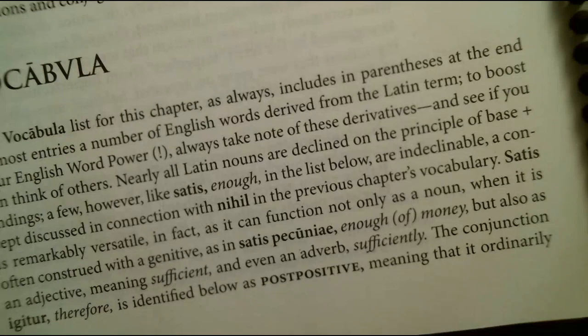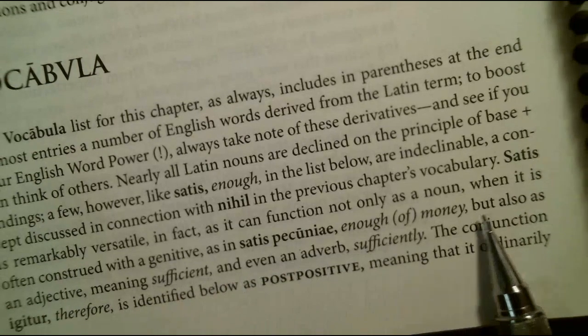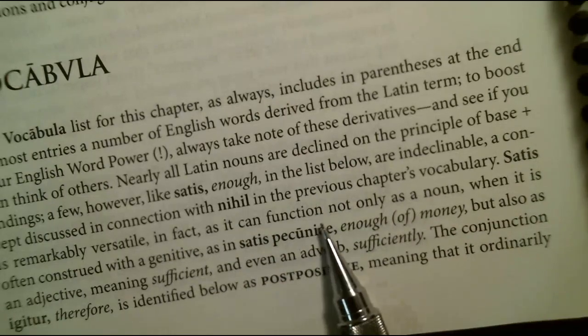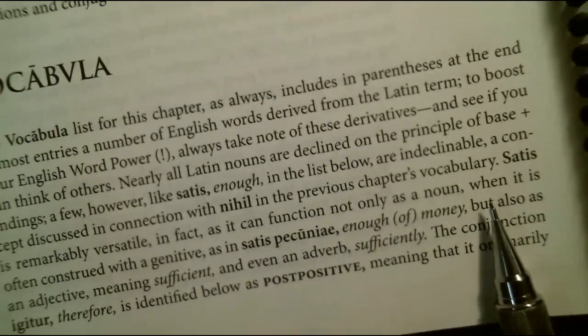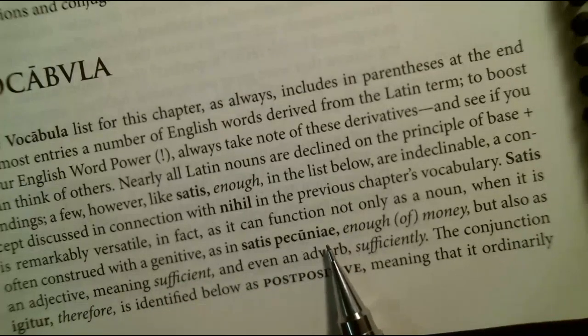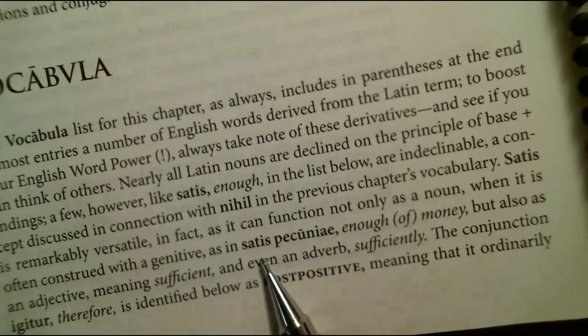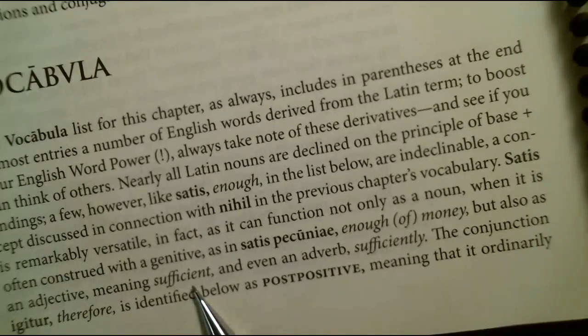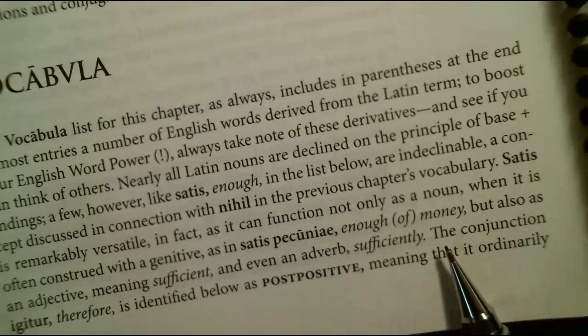And these words are very versatile. In fact, satis can function not only as a noun, when it is often construed with a genitive, as in satis pecunia, enough of money, but also as an adjective, meaning sufficient, and even as an adverb, sufficiently.